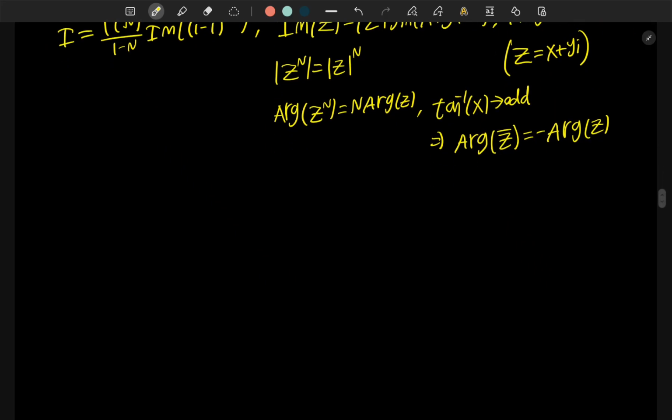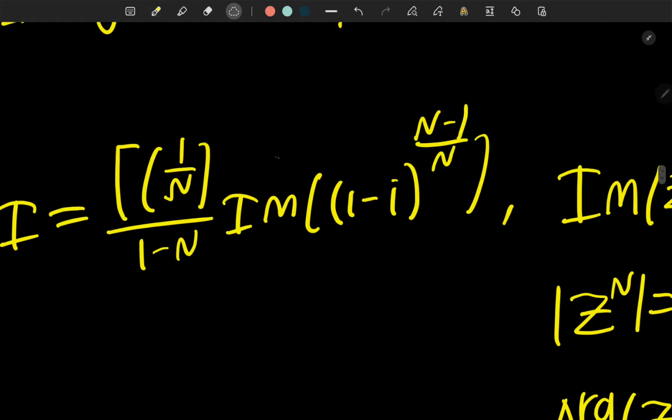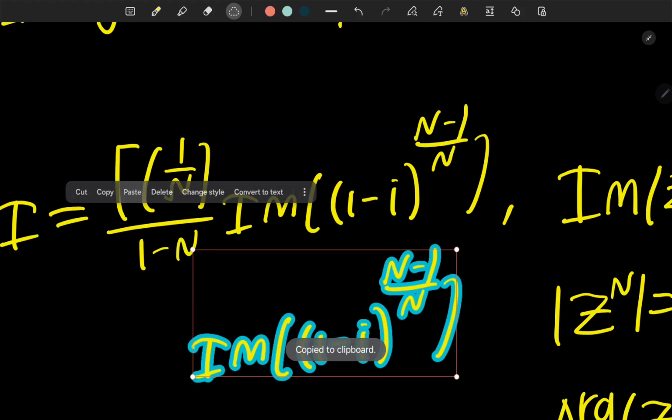So, to start with this part of the problem, copy and paste.